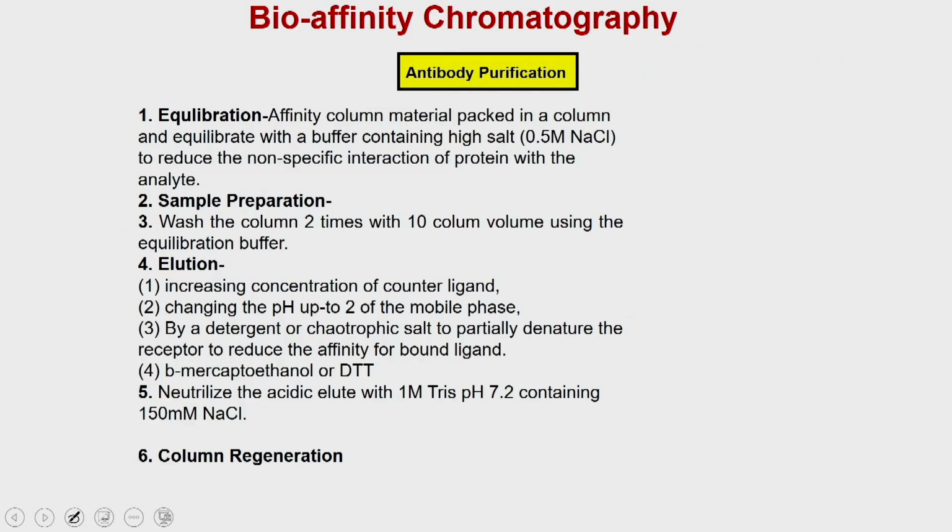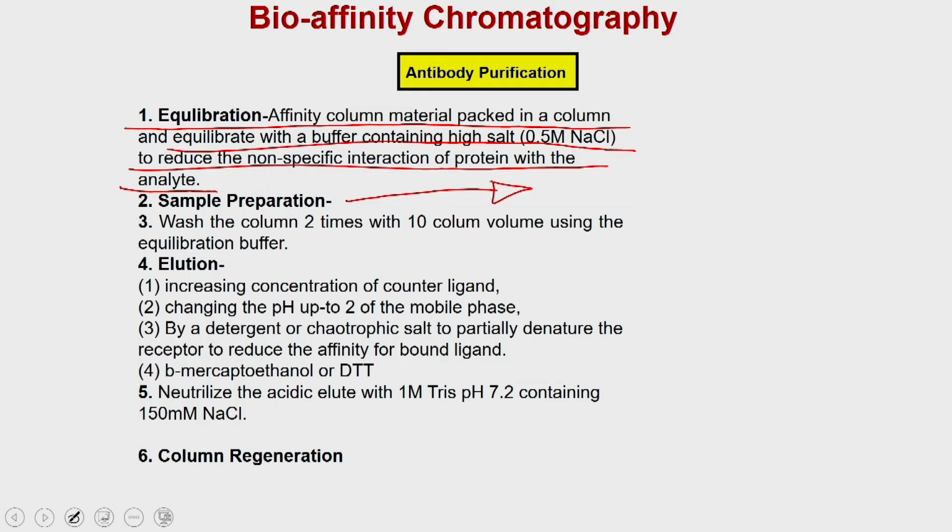In the next step, you first pack the affinity column, and then you equilibrate it with a buffer containing high salt to reduce the non-specific interaction of proteins with the matrix. Then you prepare the sample. Sample preparation is simple: you should not have any particulate matter, so that it does not clog the column or affect the flow rate when you are purifying.